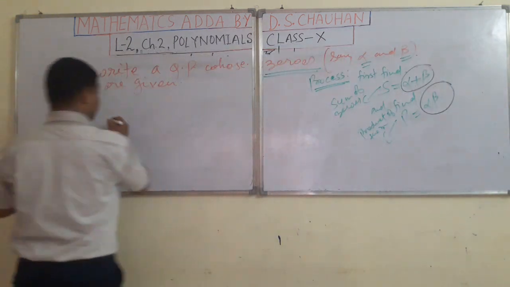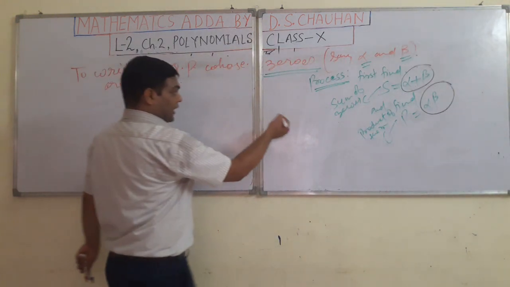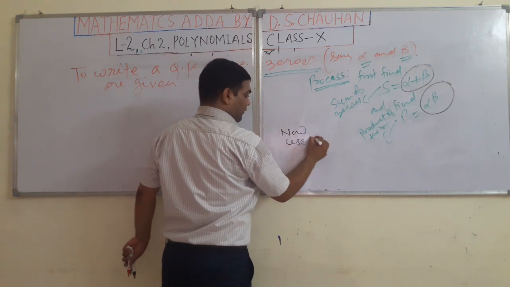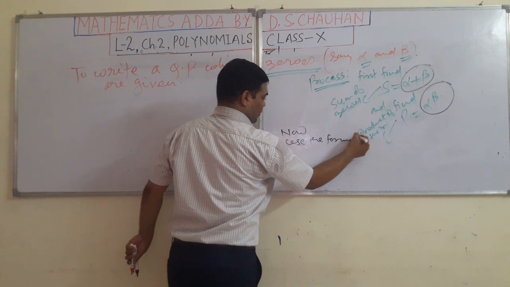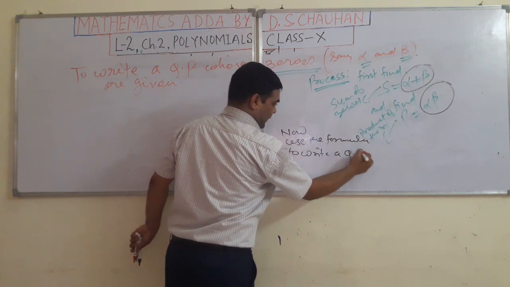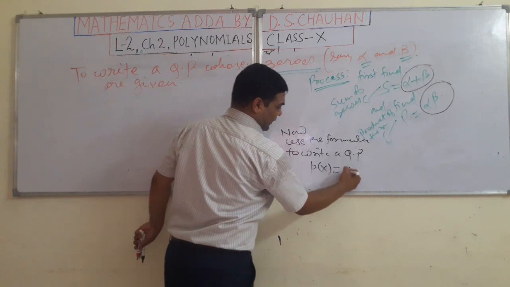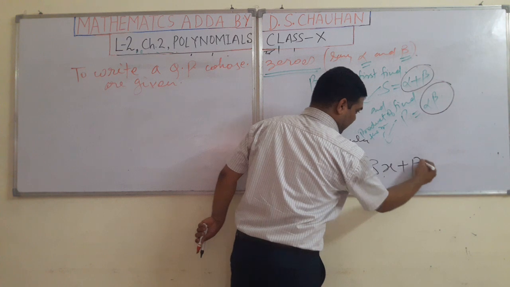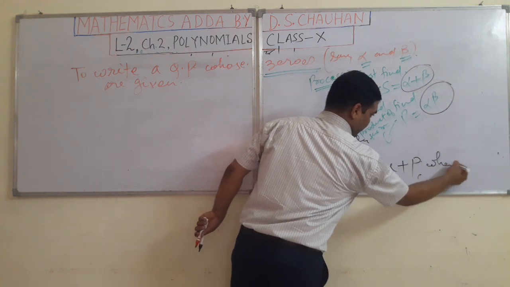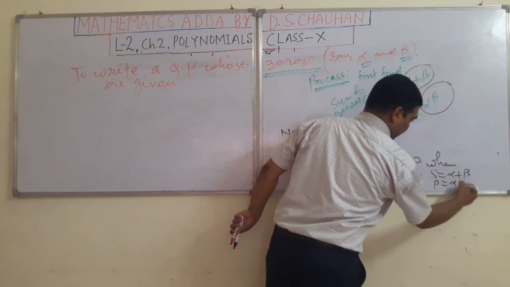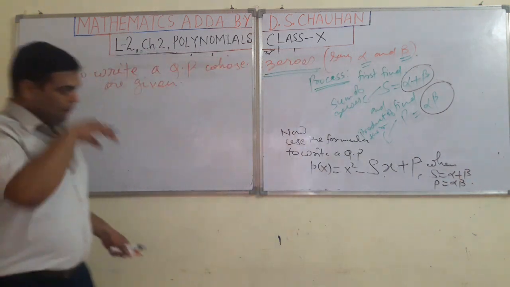So the third step: now use the formula to write a quadratic polynomial. See, p(x) equals what, student? x square minus S x plus P, where S is alpha plus beta and P is alpha beta. Easily you can proceed.